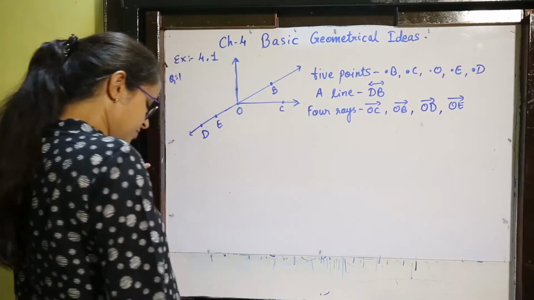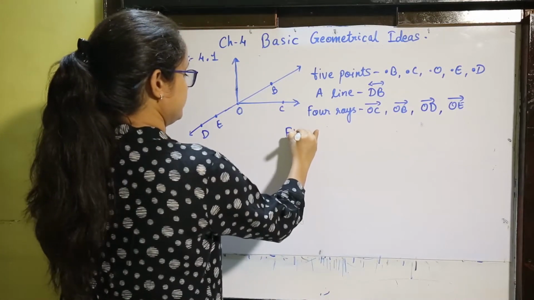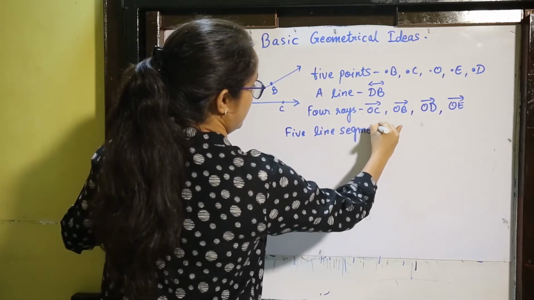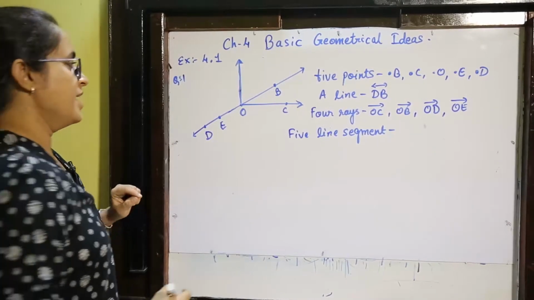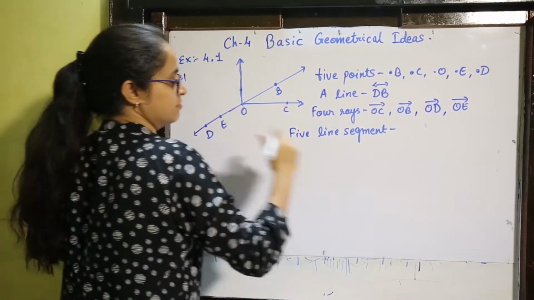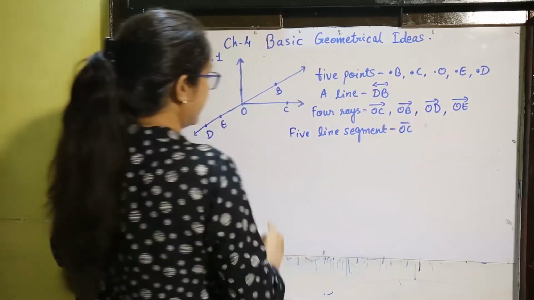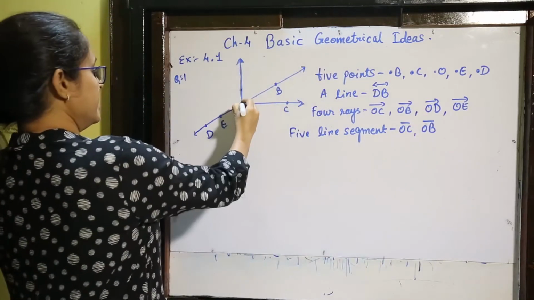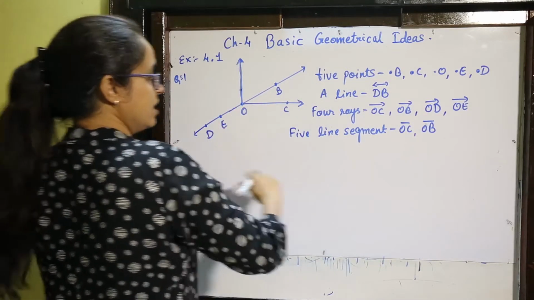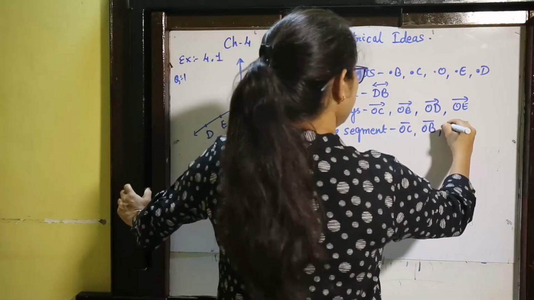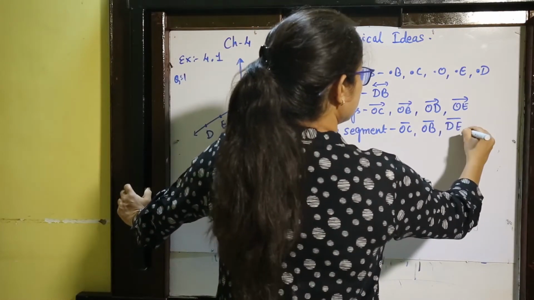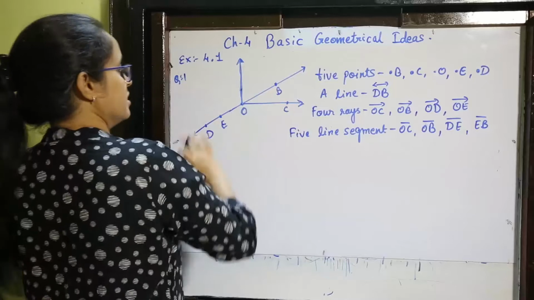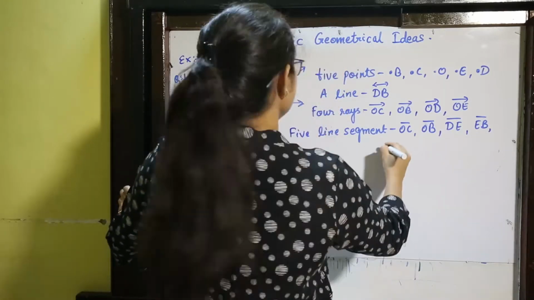Now, next is 5 line segments. Now, which 5 line segments can you find here? First line segment is OC, second is OB, third is OD or DE, you can say DE, fifth is EB, that is also a line segment, and last is you can say DB.